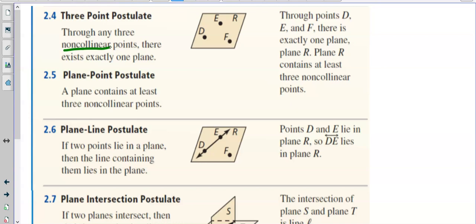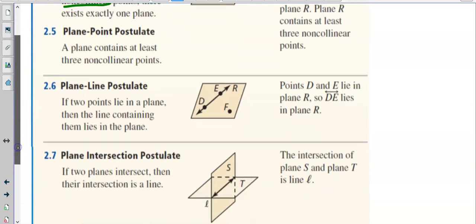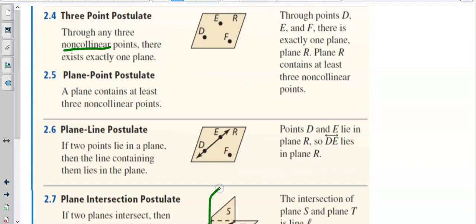And a plane contains at least 3 non-collinear points. Again, those go together. If 2 points lie in a plane, then the line containing them lies in the plane. And then, as we talked about before, if 2 planes intersect, they intersect on a line.